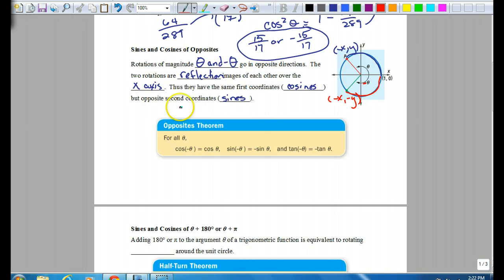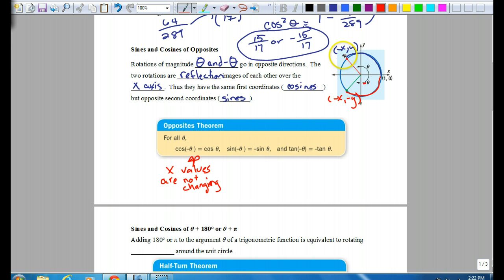So because of this opposites theorem, cosine of negative theta is still the same as cosine theta, because your x values are not changing. This one right here, sine of negative theta, is the same as negative sine theta.